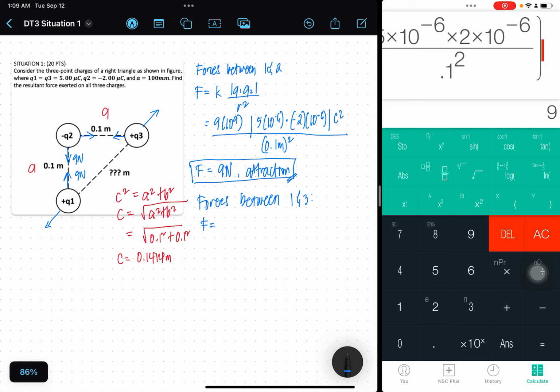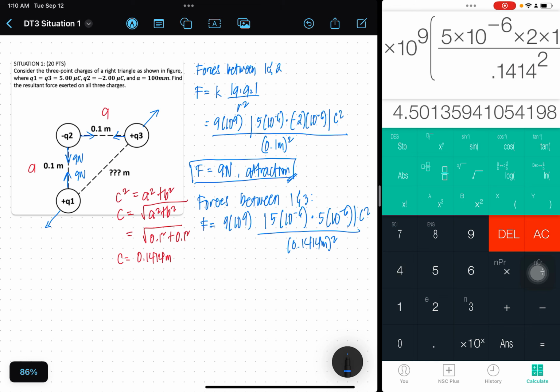F is equal to 9 times 10 raised to 9 multiplied by the absolute value of the charges, 5 times 10 raised to negative 6 and 5 times 10 raised to negative 6 coulombs, divided by 0.1414 meters squared. We just divide by 0.1414 squared, changing the 2 into 5. So we get F equal to 11.25 Newton, and this is repulsion.